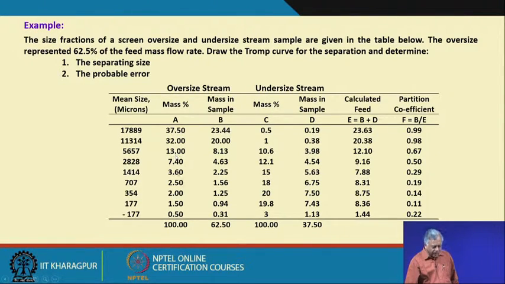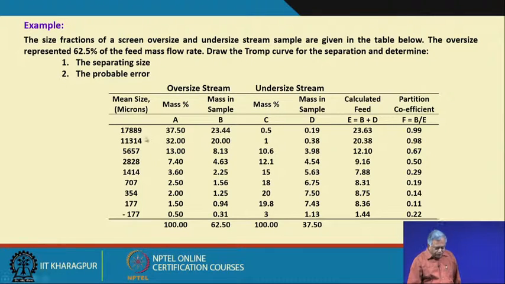If I ask how much material of this size was there out of this 62.5 tons, I have to get back to the actual mass. So, this is the percentage, 37.5% out of 62.5% of my feed material.